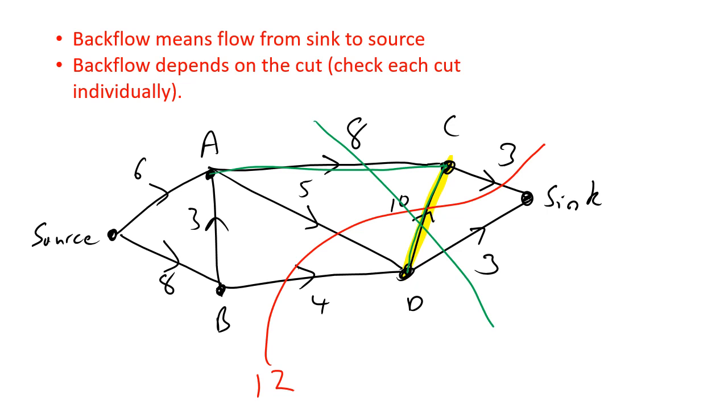So it's going to be 8 plus 10, and then this one is still, D is on the source side going to the sink side, so that all adds up and we get 8 plus 10 plus 3 is 21. So in the red cut, the highlighted yellow line is backflow, but for the green cut, the highlighted yellow line is actually forward flow. So that's what we mean by it depends on the cut. Just check each cut individually.